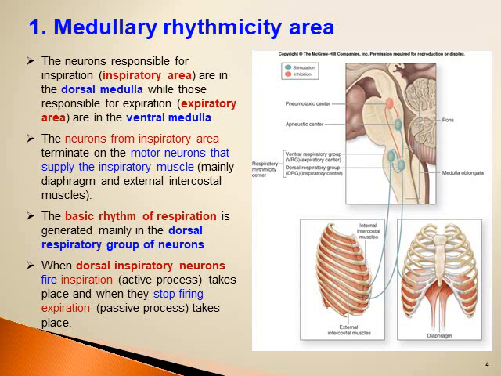We said that inhalation is caused by contraction of the inspiratory muscles, while exhalation at rest is a passive process due to the relaxation of the inspiratory muscles, and the two main inspiratory muscles are the diaphragm and the external intercostal muscles.